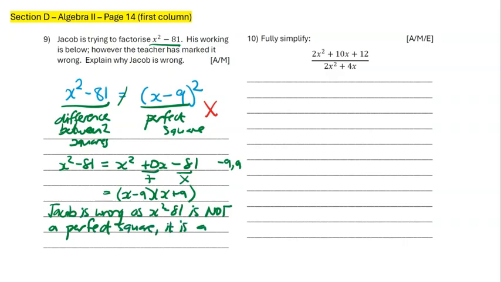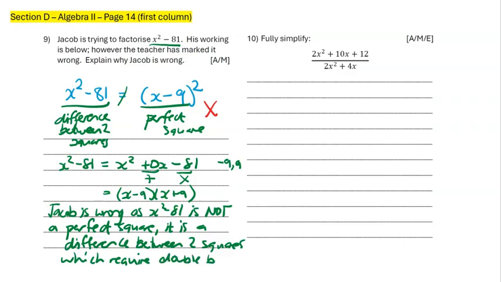It is a difference between two squares, which requires double brackets with different signs.